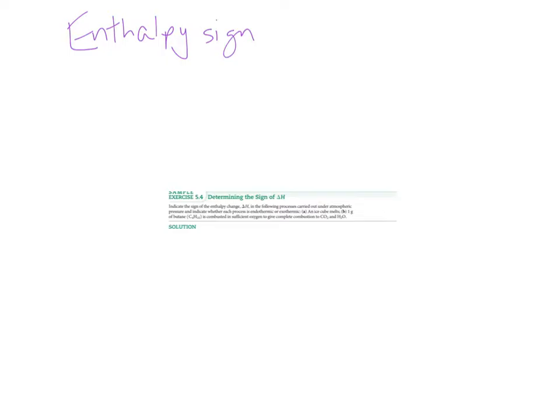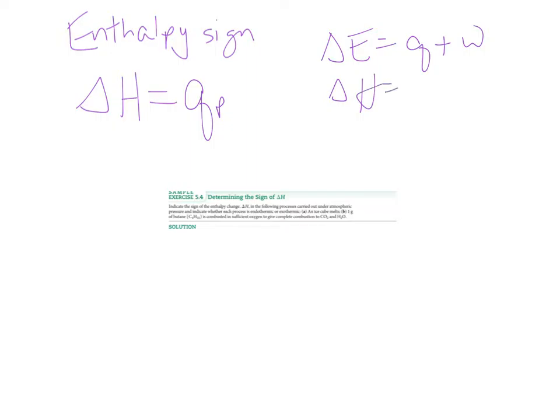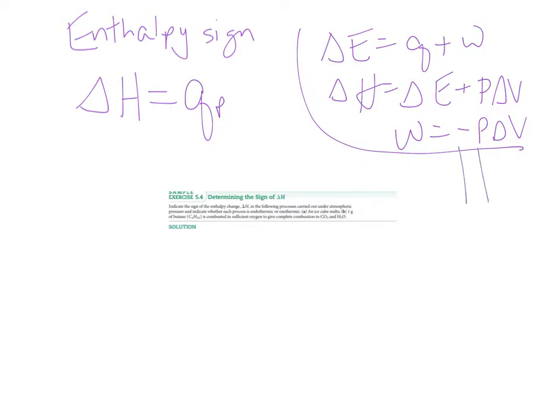Finally, we're almost done with this. So we said in the previous video that enthalpy is equal to heat at constant pressure, because we said delta E is equal to Q plus work, and delta H is equal to delta E plus P delta V, and work is equal to minus P delta V, and after substituting in, we said that delta H is equal to heat.